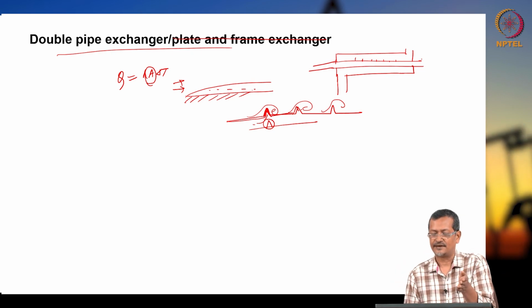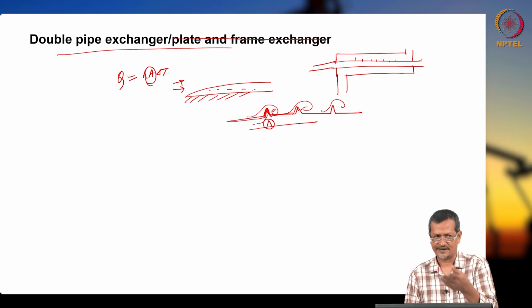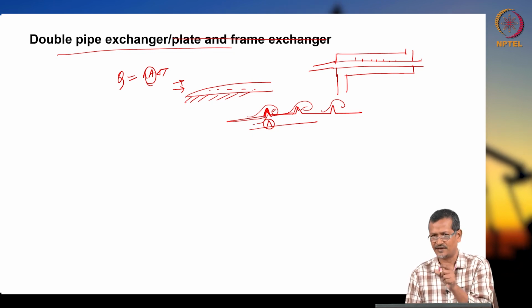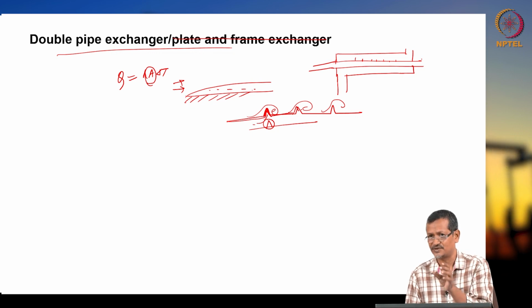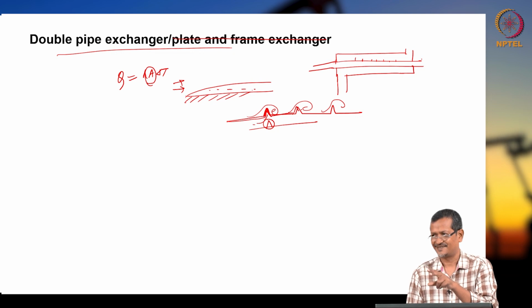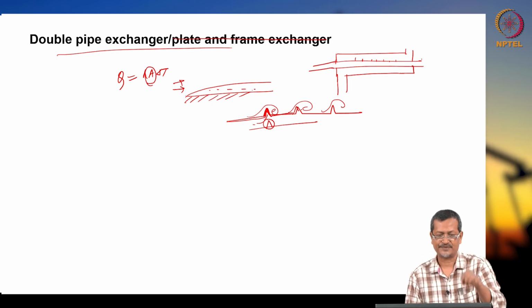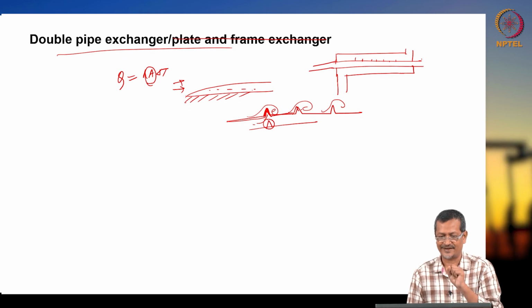So in double pipe or any type of heat exchanger, you can use fin and increase heat transfer rate. The purpose of fin is to increase heat transfer rate by increasing area plus turbulence, because of H A delta T.